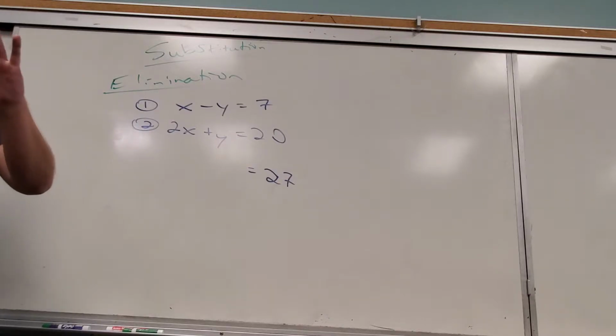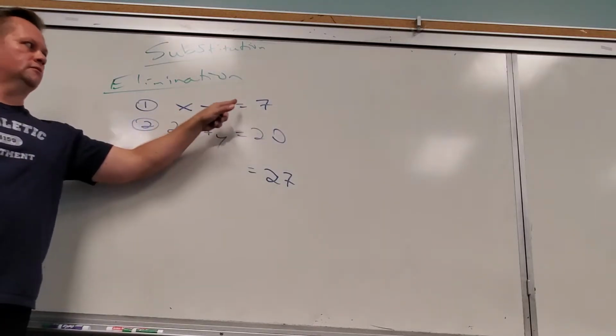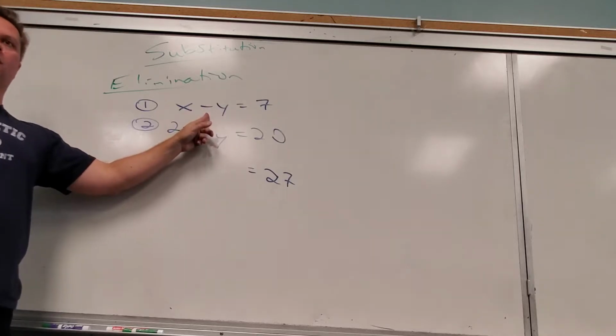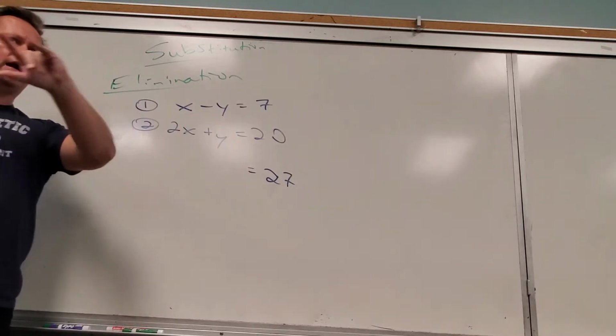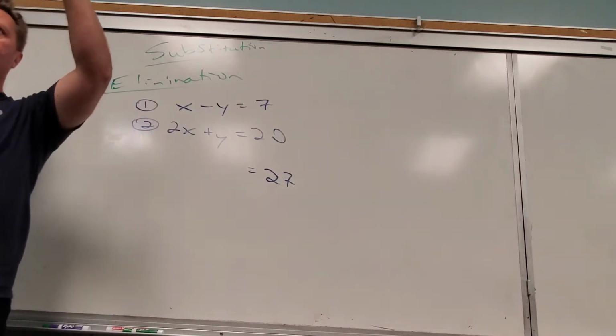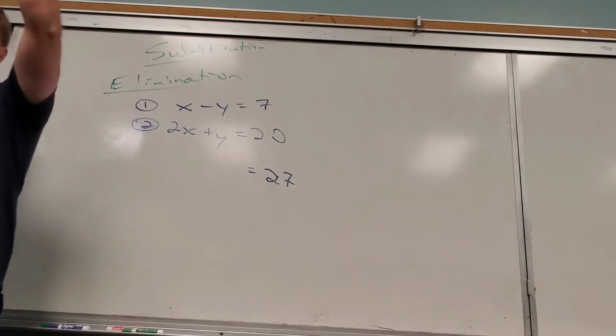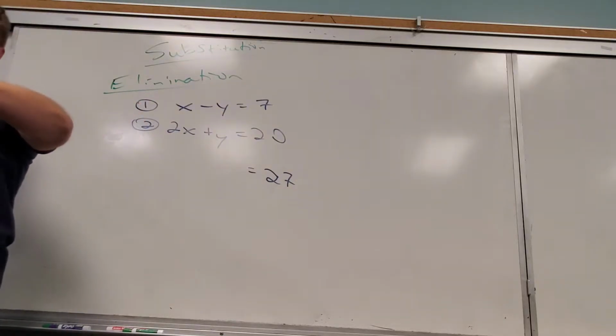What is 7? In this problem, it is x minus y. And we know I can't change this idea: if I add something to one side of an equation, I must add the same thing to the other side.